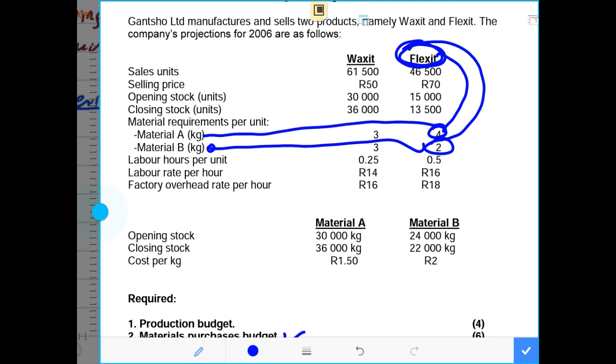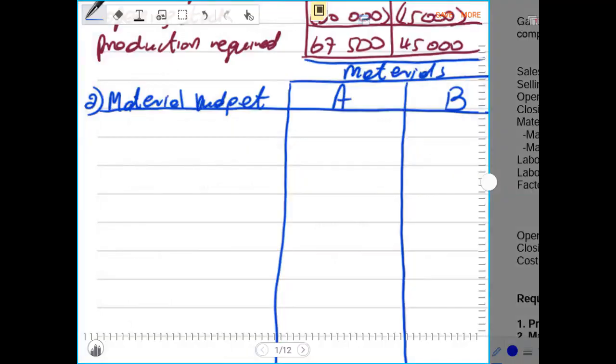When we do this, we have to write the products that we are dealing with. On the left hand side we write Waxit, and we need 67,500 units, because these are the units that we want to manufacture.